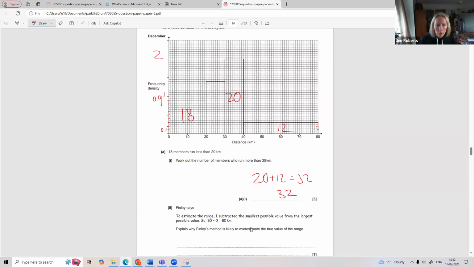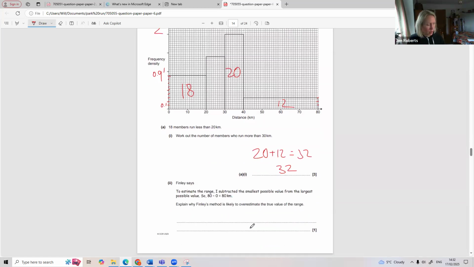So these 12 members, we don't know the distance that they actually ran between 40 and 80. It could be anywhere in this boundary. Unlikely to be 80. So how are we going to word this? Unlikely the largest value will be 80.